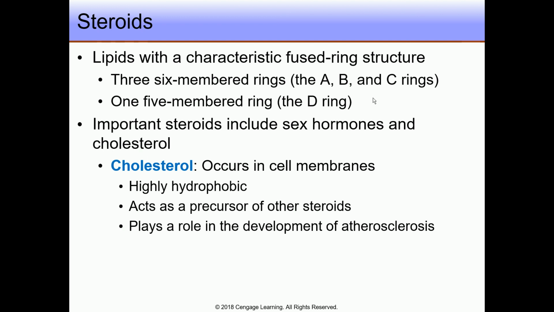Now the next category of the lipids is called steroids. Steroids are characterized by being made of fused ring structures.